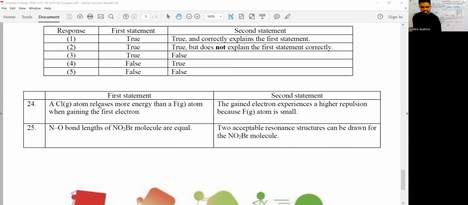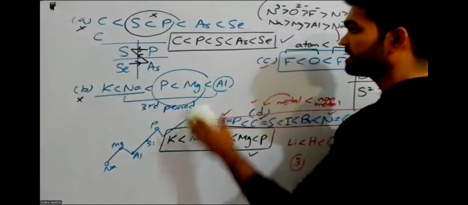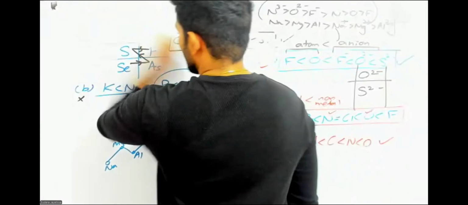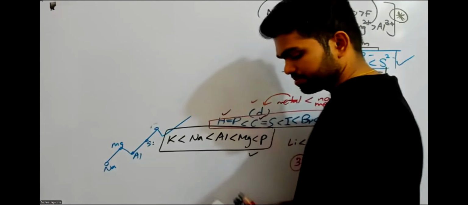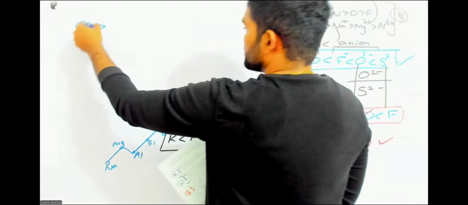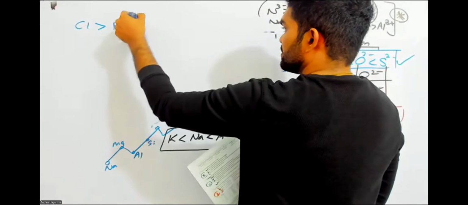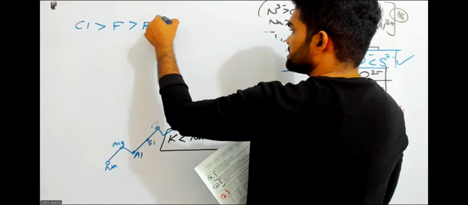A chlorine gaseous atom releases more energy than fluorine gaseous atom when gaining the first electron. That is very correct. And for the halogens, you can write their electron gain energies. Chlorine is the one that releases most energy, then fluorine, then bromine, least energy is released by iodine.